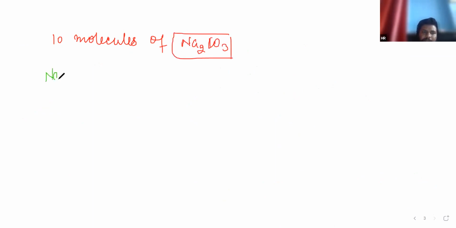Just see, in Na2CO3, how many atoms are present? Can you do this question? Please, you can speak or you can send the message in the chat box. How many atoms are present in this?